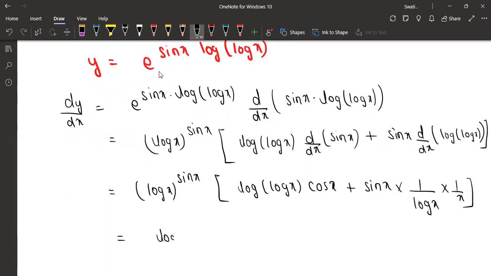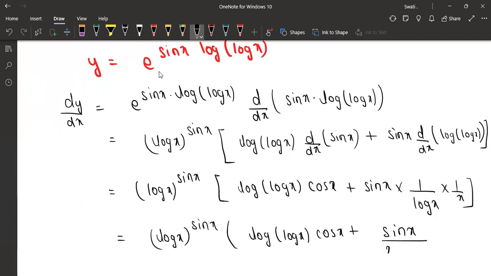So this will become log x raised to sin x, and inside the bracket we are getting log x cos x, plus this will become simply sin x over x log x, and this is our final answer. So this is the answer of dy dx.